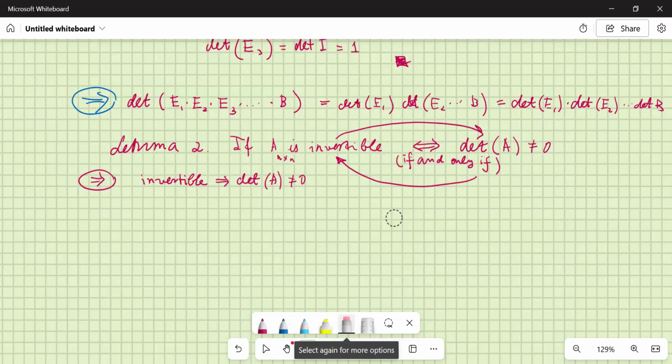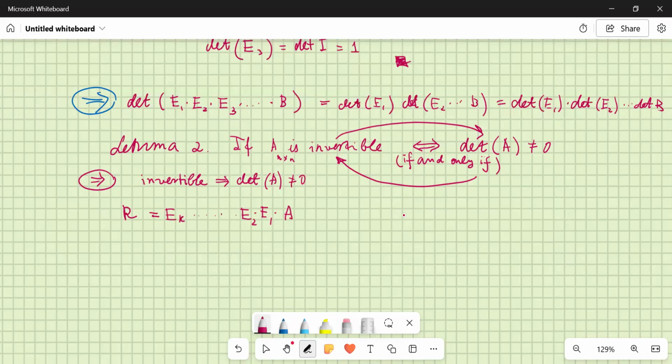Remember that if A is invertible, we can bring it to reduced row echelon form, R. I'm going to label it R. And the operations are A multiplied by E1, E2, and eventually lots of steps and EK over here.